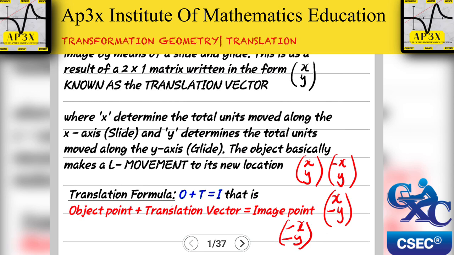And there are only 4 possible combinations. Well, in fact, there are 6 possible combinations, because sometimes the object does not necessarily have to move to the left or right. It can literally make 0 movements to the left or right. Then it can move a certain amount of units up or down.